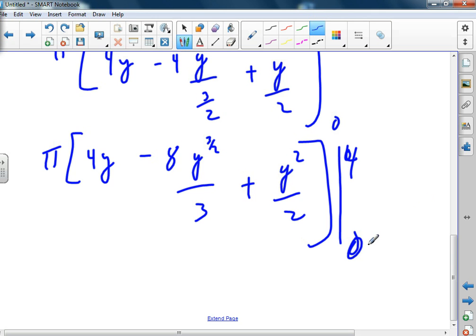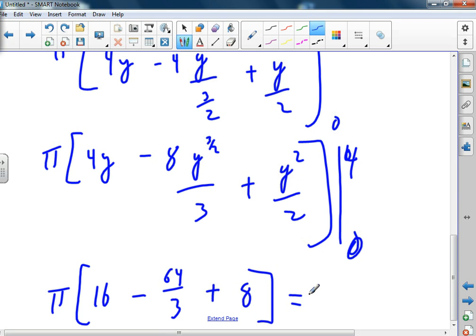And then at 4 I become 16 minus 64 over 3 plus 16 over 2, which is 8. So I got 16 minus 64 divided by 3 plus 8 equals, so it looks like I have 2 2/3 pi.